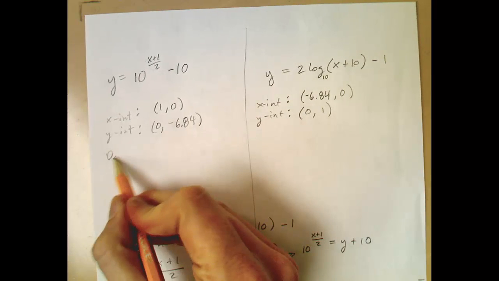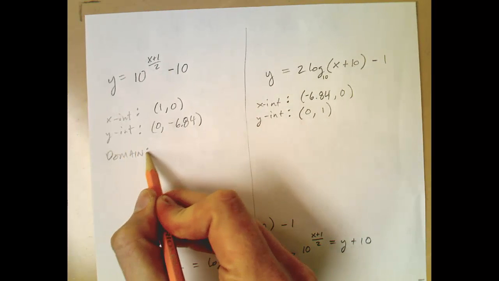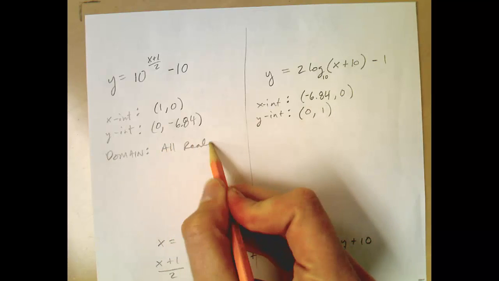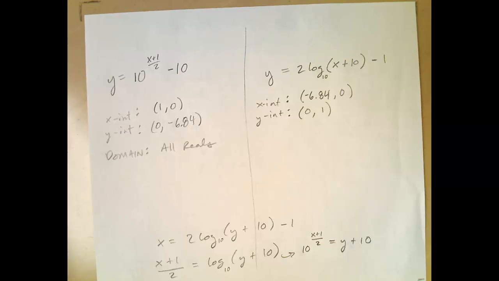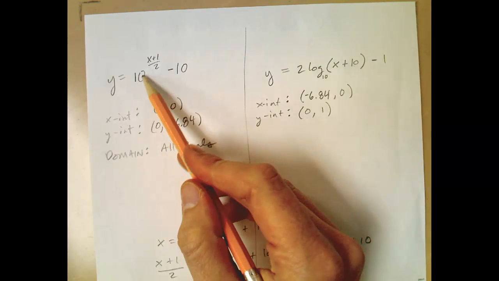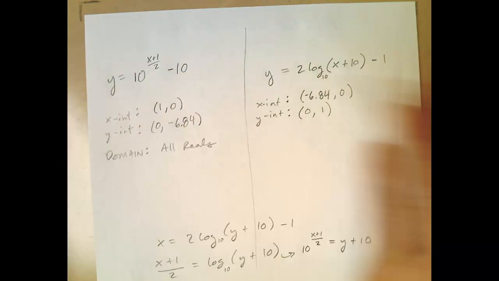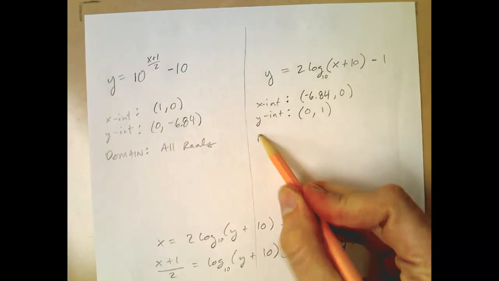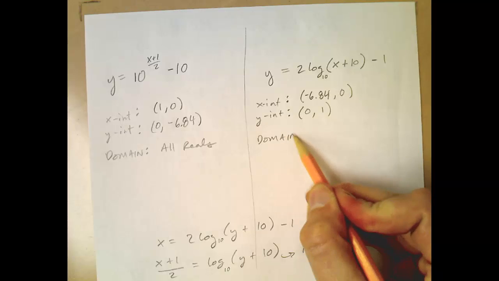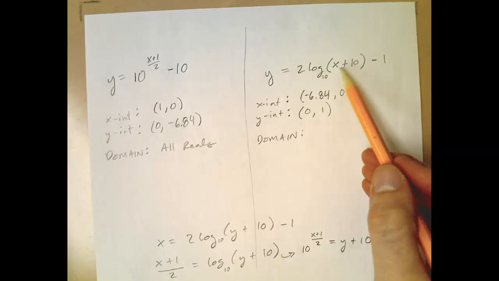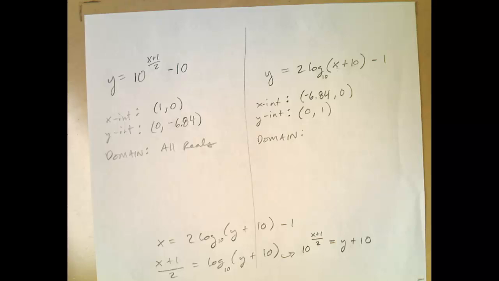Okay, domain. Maybe you're not shocked to learn it will be all real numbers. Again, all I'm doing is raising a number to an exponent and subtracting a number. There's nothing that's not going to work here. Okay, here I can see 0 works, right? So what doesn't work? Well, negative 10 wouldn't work because that makes a 0 argument.